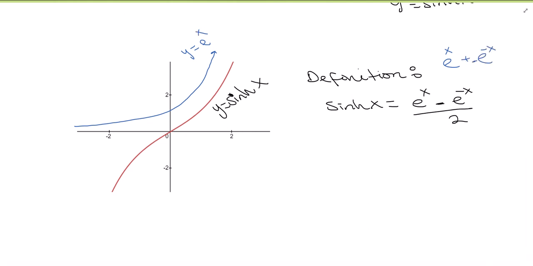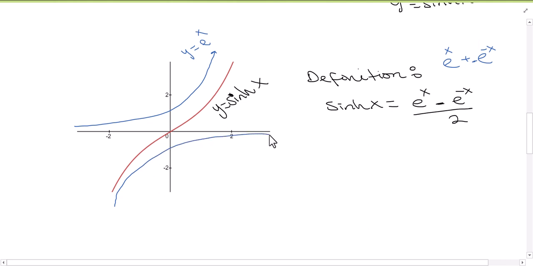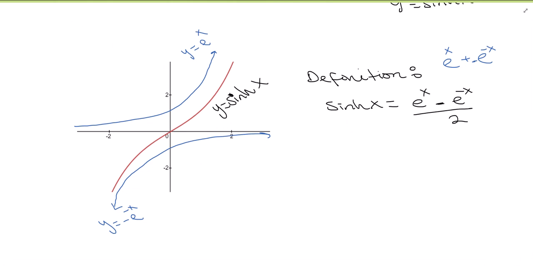What that one looks like is the flipped version of this. So you end up with something that looks like that. So this is y equals negative e to the negative x. So when you add these two up, you get sinh of x, which is this function.